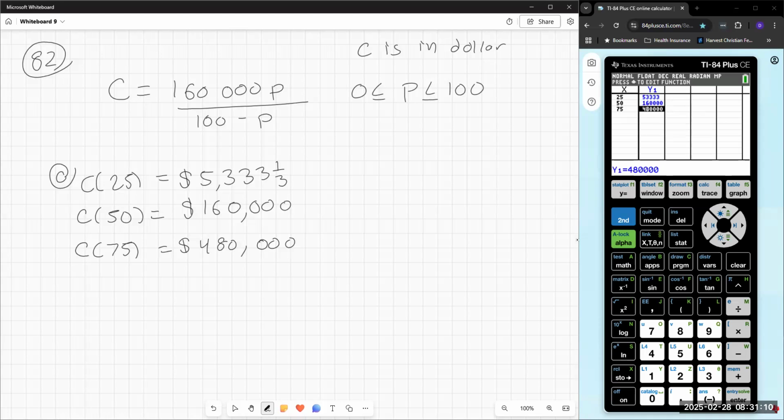The second 25% costs you over 150,000, close to $155,000. The third 25% costs you over $300,000.